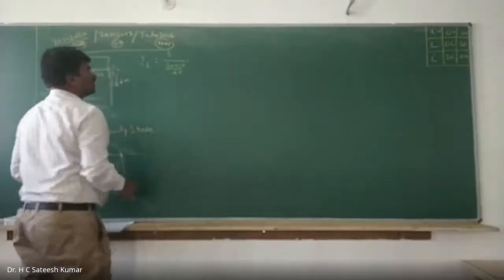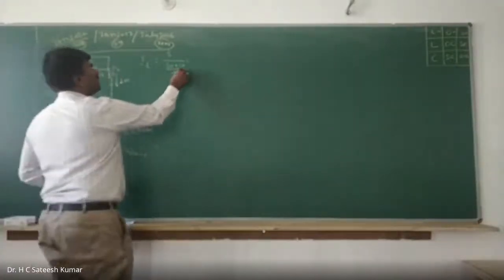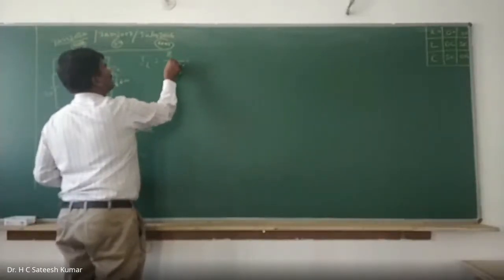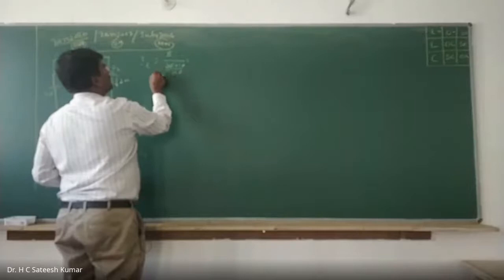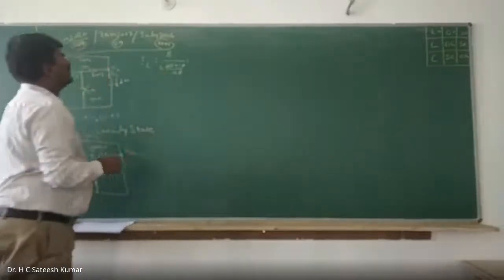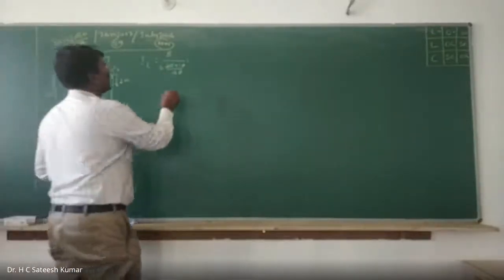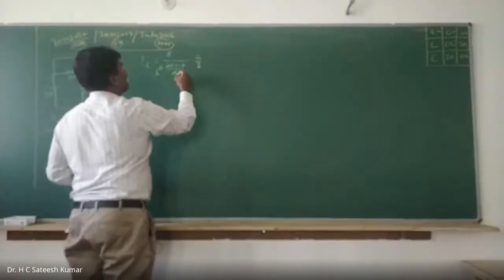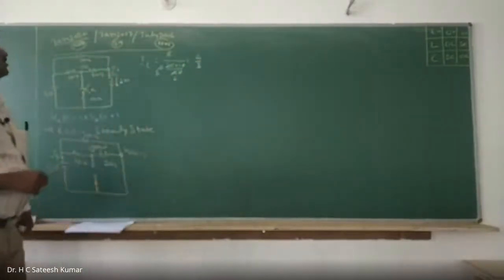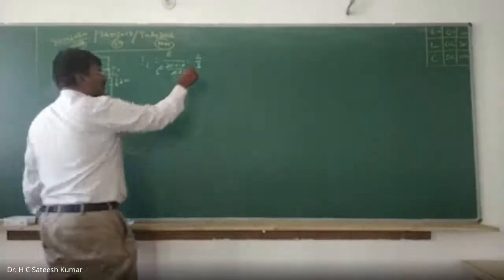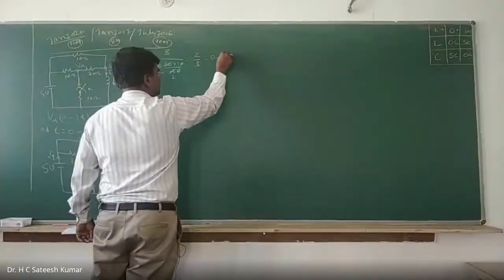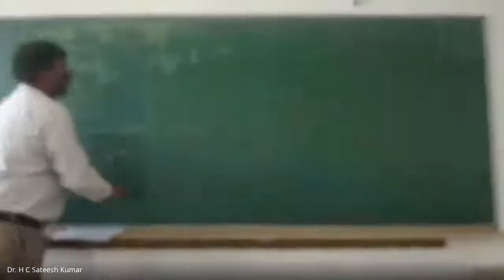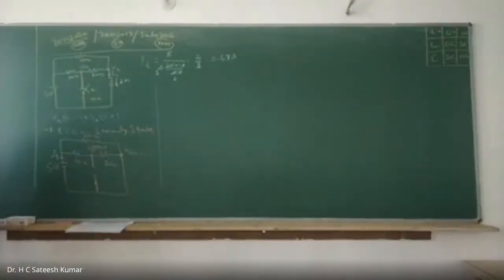So this 0 will get cancelled with this, and this is 5. So 6 times, and this is 2, this is 3, that is 2 by 3. IT is equal to 2 by 3, which is equal to 0.67 amps. We got IT.